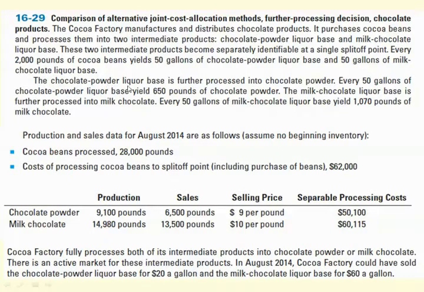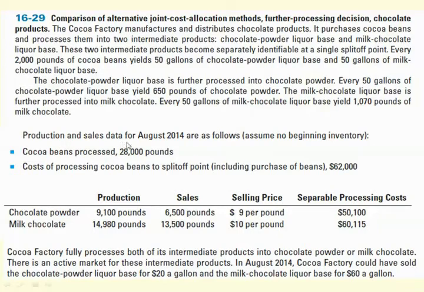The chocolate powder liquor base is further processed into chocolate powder. Every 50 gallons of chocolate powder liquor base yields 650 pounds of chocolate powder. The milk chocolate liquor base is further processed into milk chocolate. Every 50 gallons of milk chocolate liquor base yields 1070 pounds of milk chocolate.